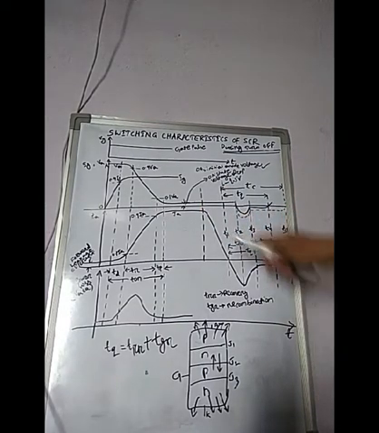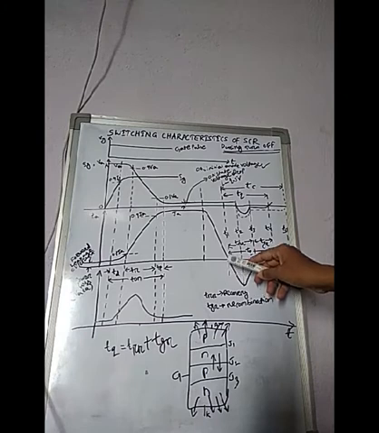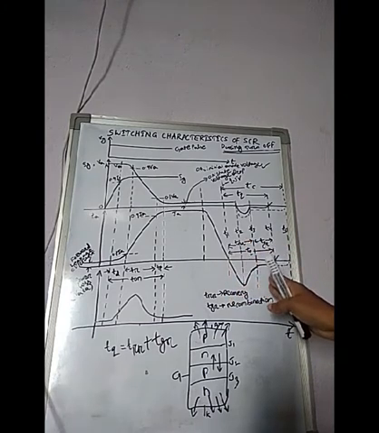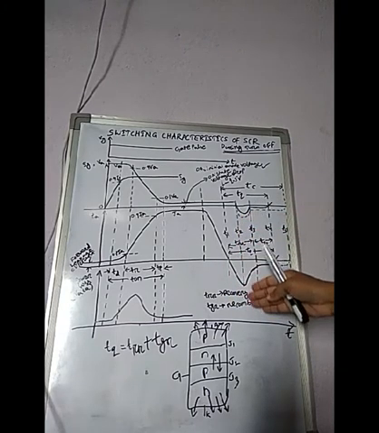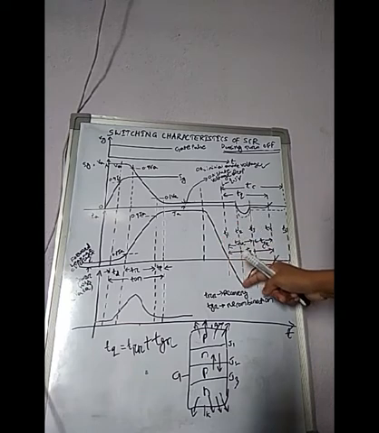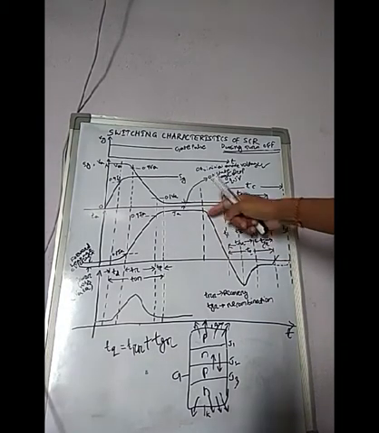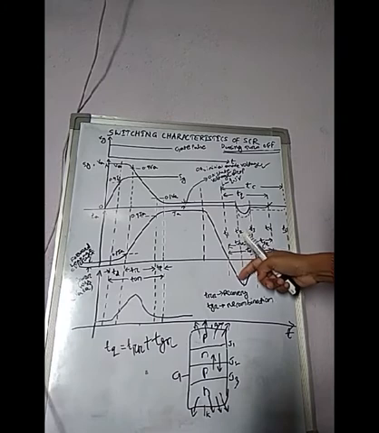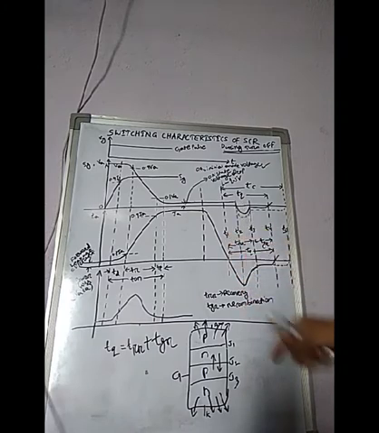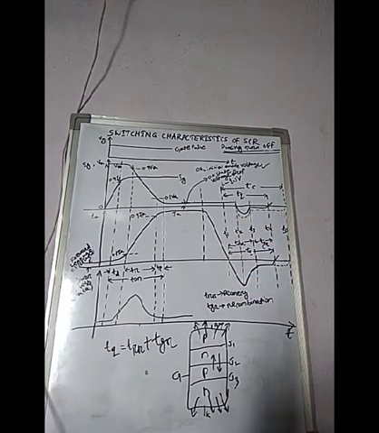So at T1 the anode current becomes zero. After T1 the anode current builds up in the reverse direction with the same di/dt slope.